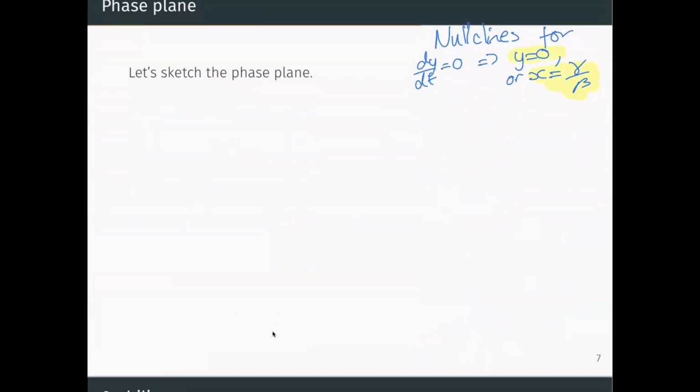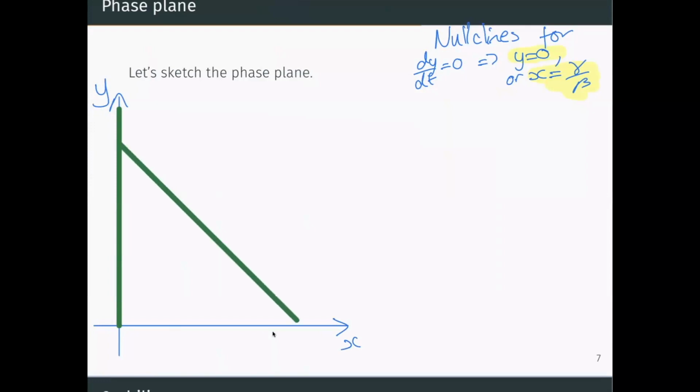Okay, so what I'll do to start with is sketch the null lines whilst they're fresh in our mind, and then I'll think about the direction field. I'll sketch my x null lines in green. Whenever we have a green line, that means that dx/dt is equal to 0. So we have one where x is equal to 0, and one where y is equal to 1 over alpha times 1 minus x.